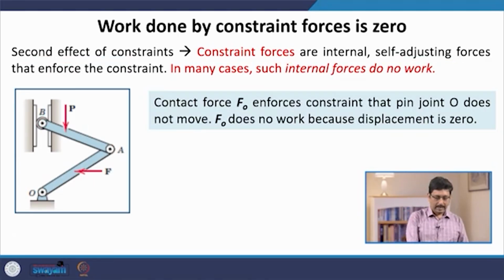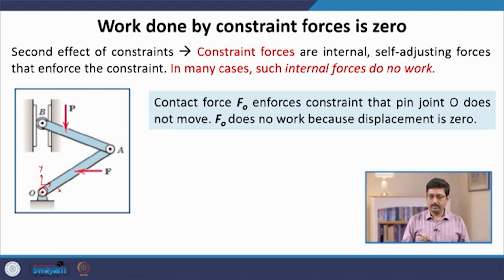Now, there is another force at this joint O, which is fixed. As you know, in this case the force need not be in the vertical direction. It can in general have a component in the vertical direction as well as in this direction, let us call that x direction and y direction.